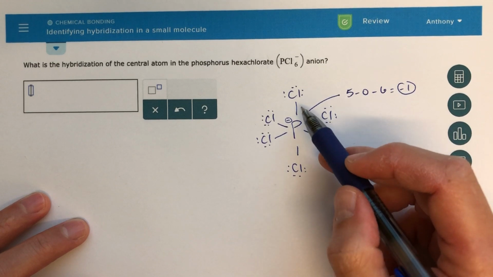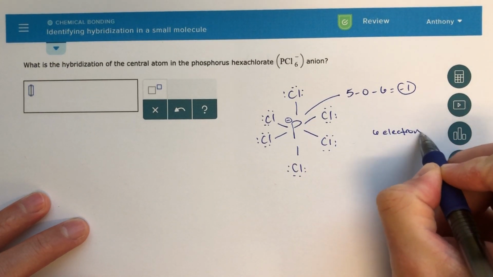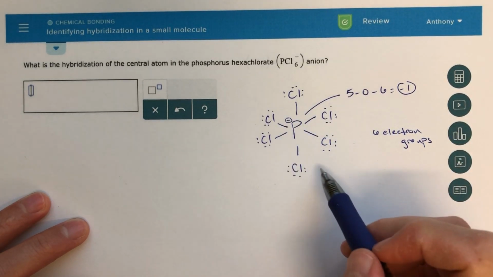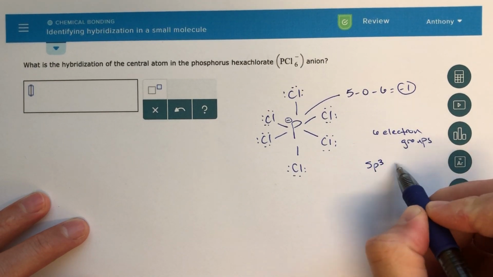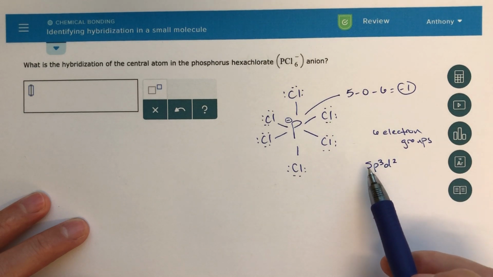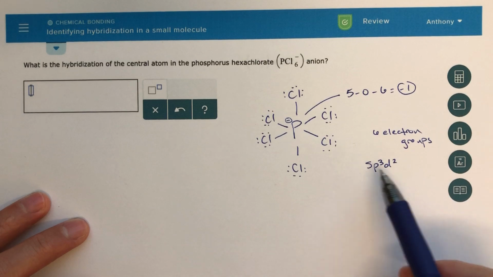And I've got 6 groups, 6 electron groups. So the proper hybridization for this is going to be sp3d2. One way to think about it is you're going to need to fit all of these electron groups into the different hybrid orbitals.